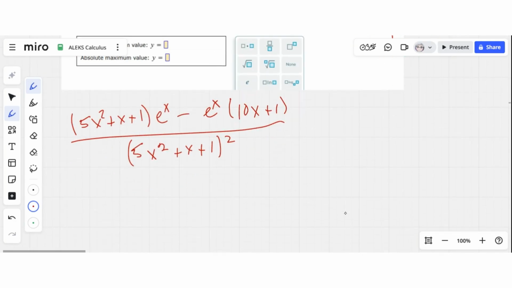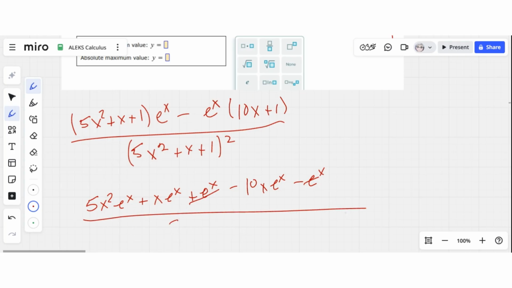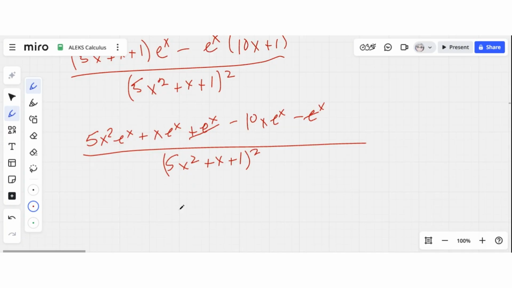Let's see, I'm going to simplify the top of this a little bit. So we're going to multiply the e to the x through. So 5x squared e to the x plus x e to the x plus e to the x minus 10x e to the x minus e to the x. So right away, you're going to have those cancel out. And this, of course, is still over 5x squared plus x plus 1 quantity squared. And we've also got a plus x e to the x minus 10x e to the x.